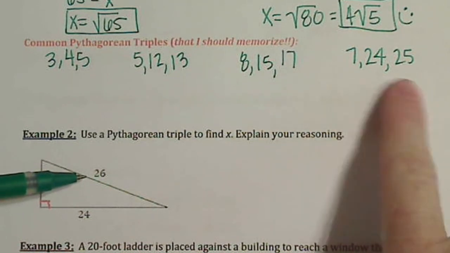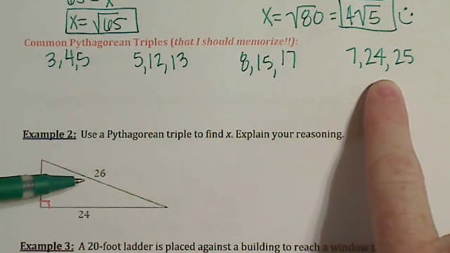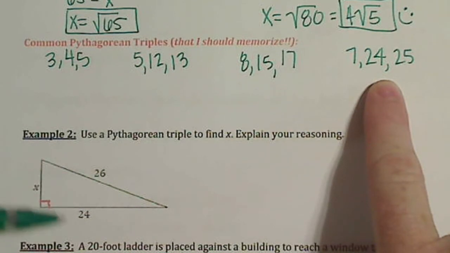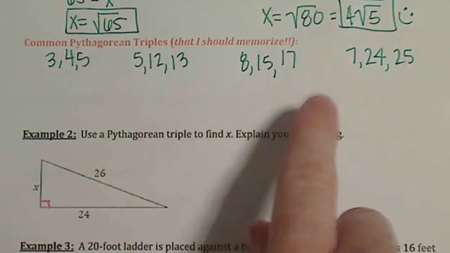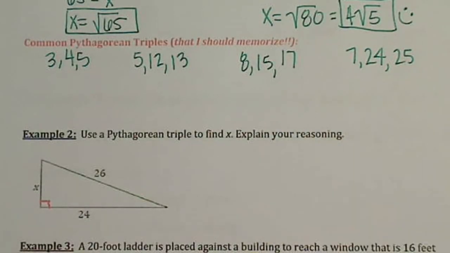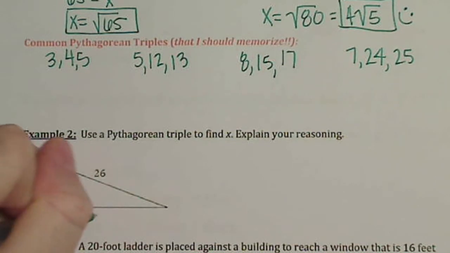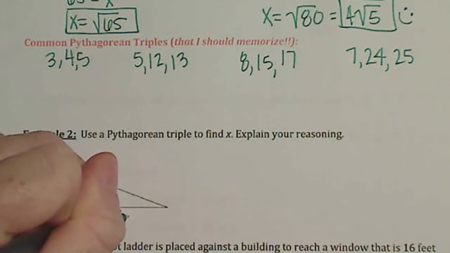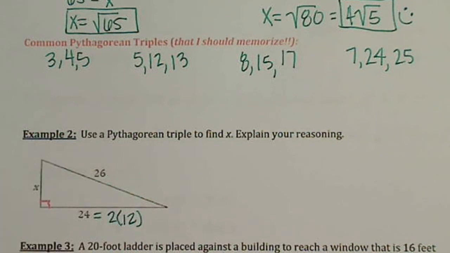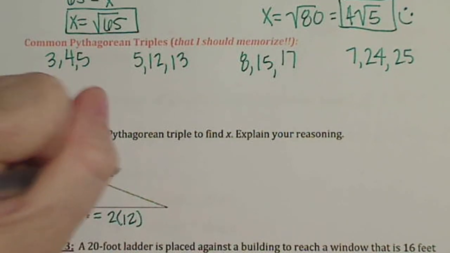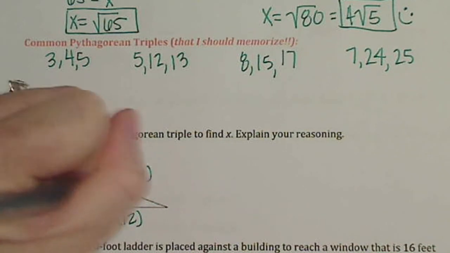So it can't be this Pythagorean triple. So I have to think maybe this is a multiple of one of these other three. So I noticed that both of these are divisible by 2. So I'm going to think to myself, 24 is really just 2 times 12. And 26 is really just 2 times 13.